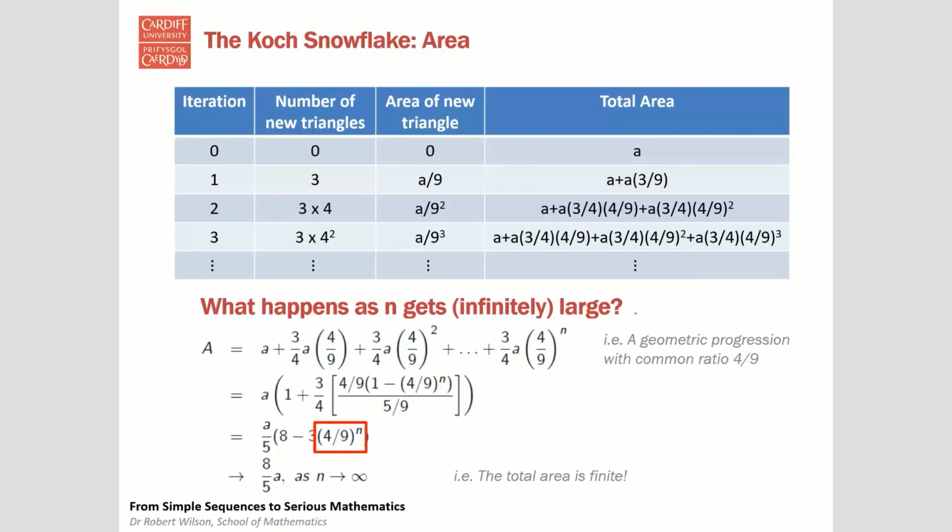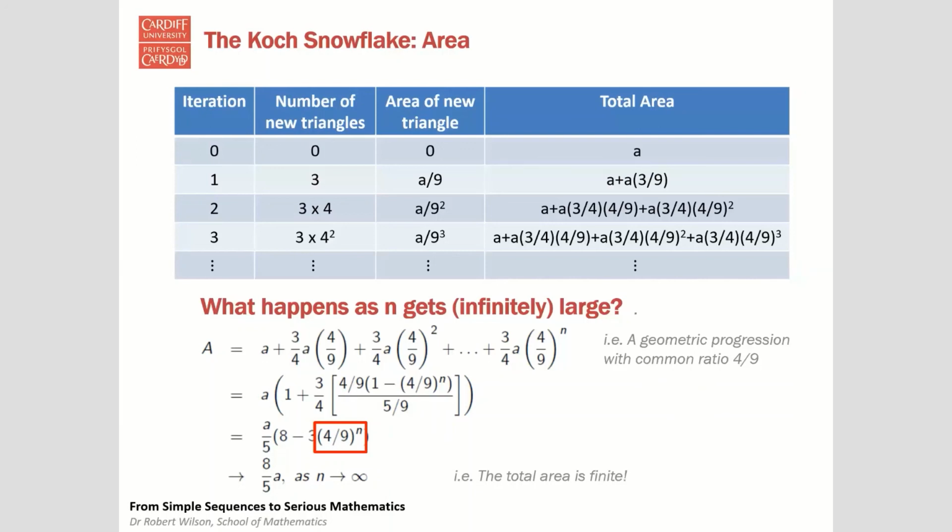So let's just stop and think about what we've shown. We looked at sequences. We looked at patterns that were emerging from the sequence for our perimeter. And the perimeter of our shape, as we repeated the same process time and time again, went off to infinity.